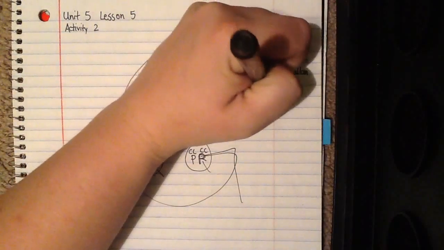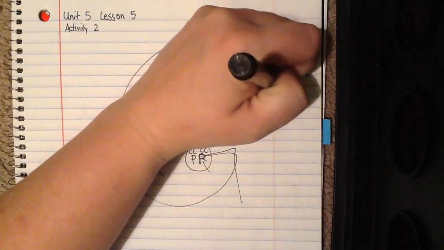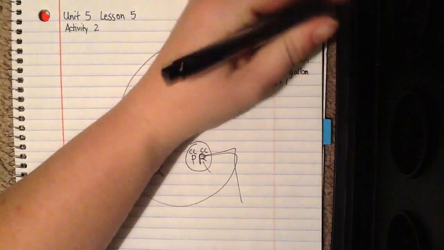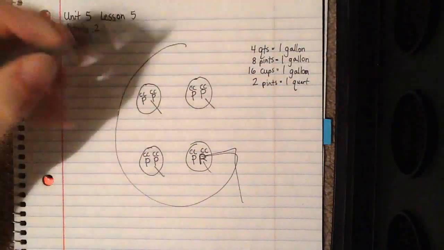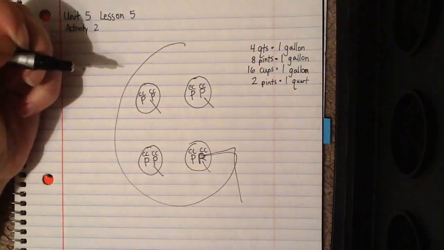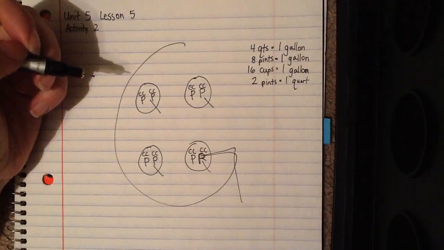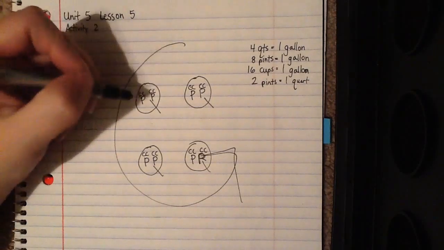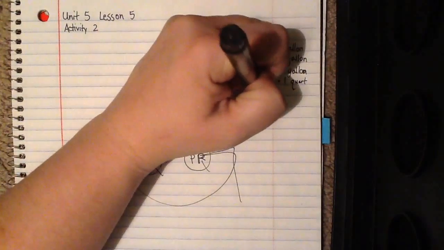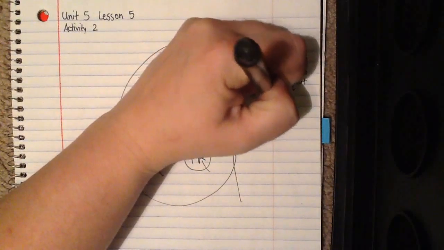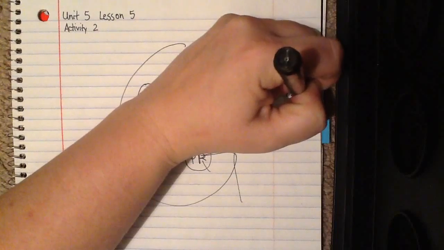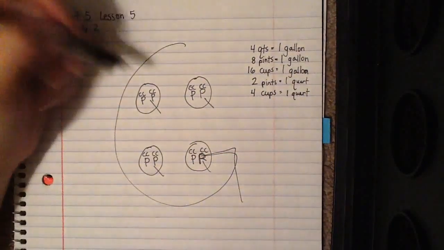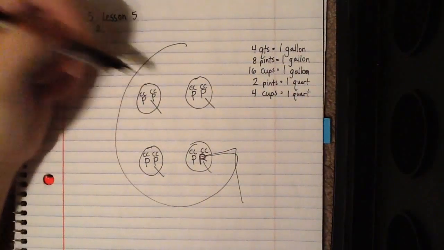There's 2 pints. That equals 1 quart. How do I know this? There's 2 P's inside of a Q. I know that there are 4 cups in 1 quart. How do I know this? Well, I have 4 C's inside of my Q.